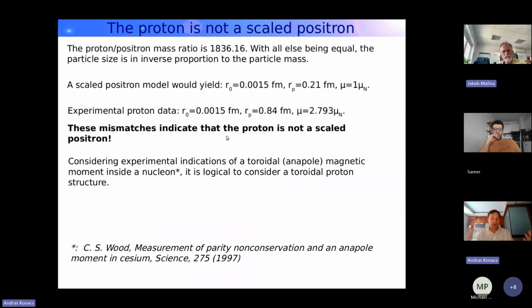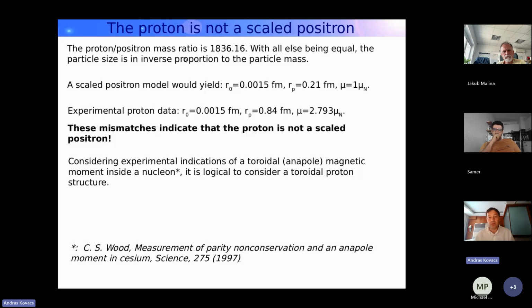Okay, so the first logical question is, can we consider the proton to be simply a very high energy positron that is somehow stabilized at that mass value? Now, specifically, the proton-positron mass ratio is 1836.